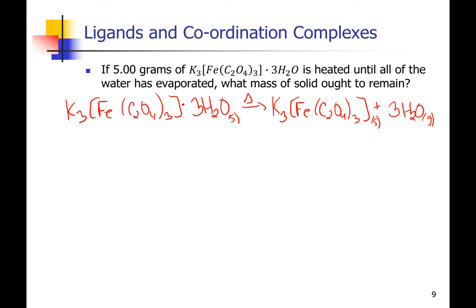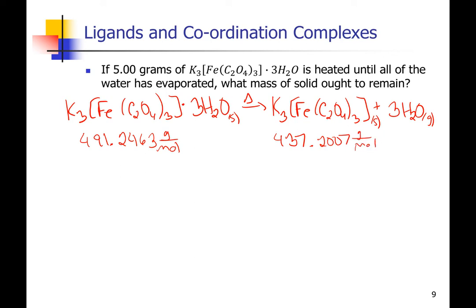I can tell you that the molar mass of the hydrated salt is 491.2463 grams per mole, and that the molar mass of the dehydrated salt is 437.2007 grams per mole.